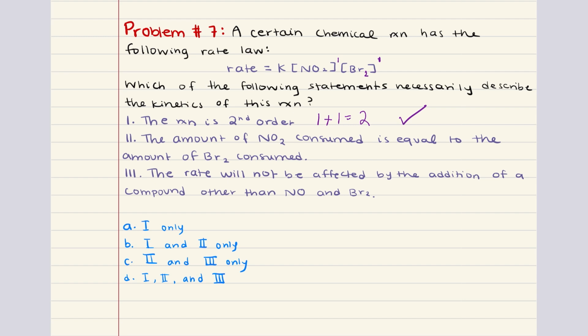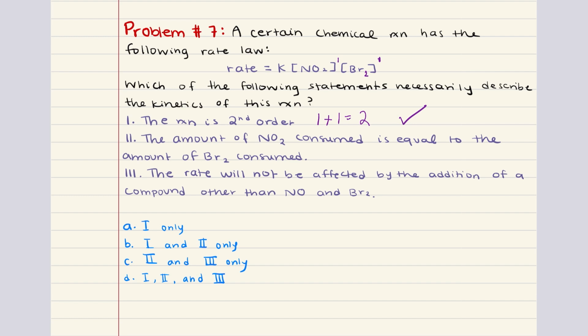Now, statement 2 says the amount of nitrogen dioxide consumed is equal to the amount of dibromide consumed. This statement concerns the stoichiometry of the reaction, which is actually not directly determined by the rate law. The rate law provides information on the rate determining step and how that rate depends on the concentration of reactants, but not on the stoichiometry of the overall reaction.